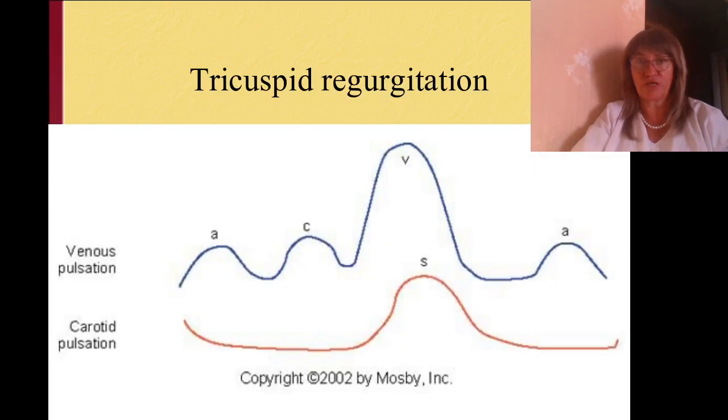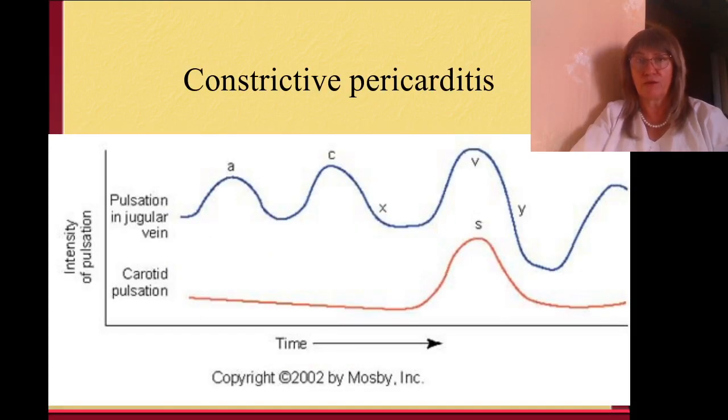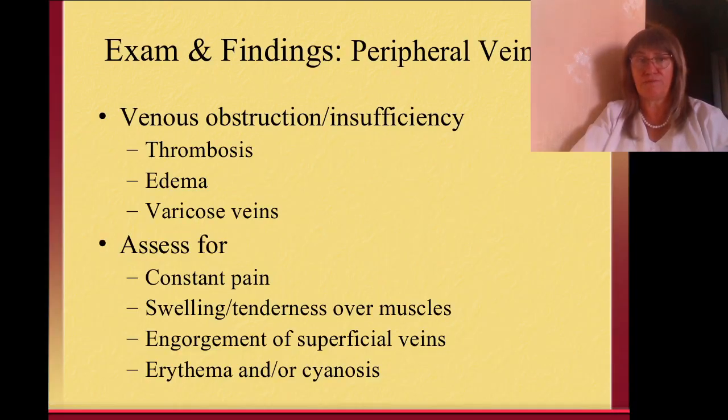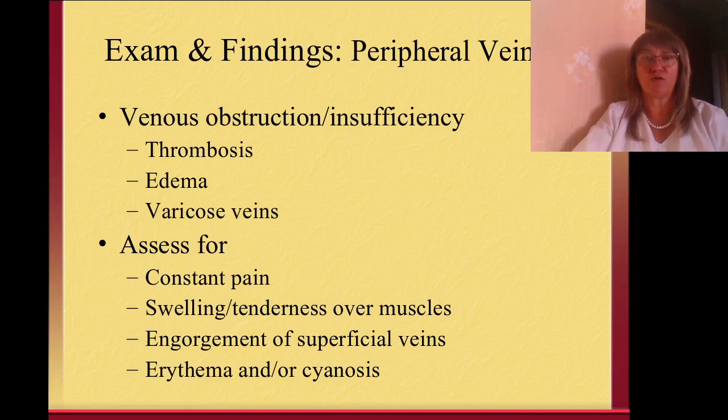Expected venous pulsation: tricuspid regurgitation, constrictive pericarditis. Venous obstruction, insufficiency, maybe cases of thrombosis, edema, varicose veins; pain, swelling, tenderness over muscles, engorgement of superficial veins, erythema, and cyanosis.